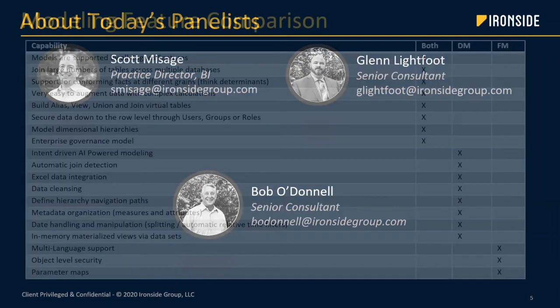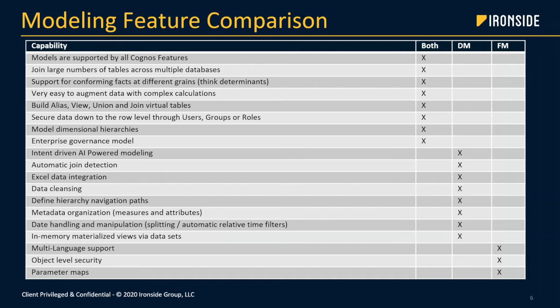All right, so jumping into the first slide, I've put together a matrix of capabilities across data modeling tools, in this case data modules and FM. Taking a look at the capabilities, I don't want to go through each one by one, but I wanted to illustrate that for the most part, the punch list of capabilities that everybody's really looking for are available across both framework manager as well as data modules.